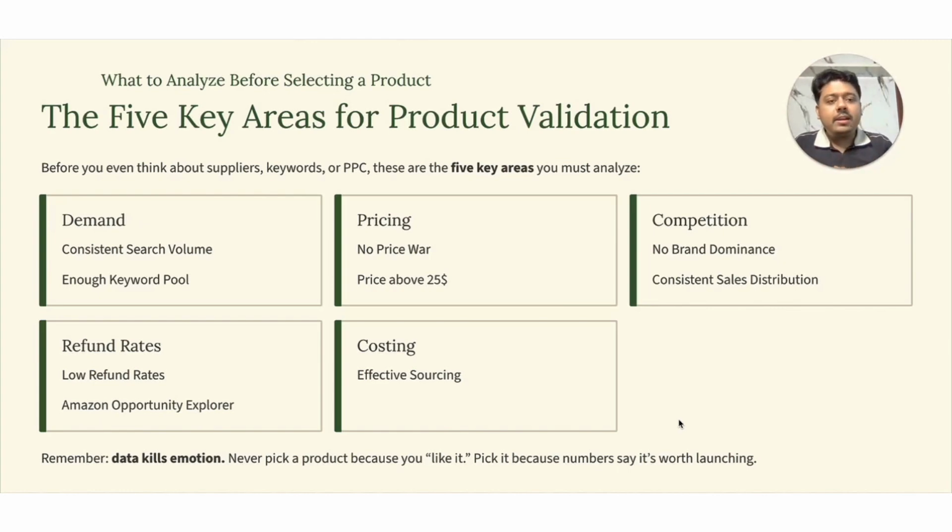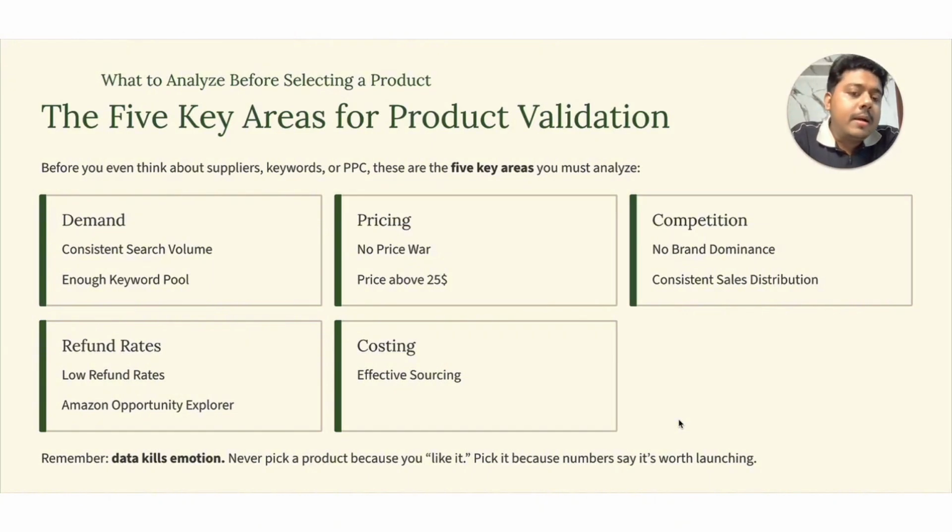And every click will not convert to a purchase. So we assume that with 5 clicks we get one order, and each click costs us $1. So getting 5 clicks is going to cost us $5 to generate one order. If we are playing in a niche where the selling price is $10, we will not survive. We cannot spare our budget for PPC. So that's why we take care of these things.